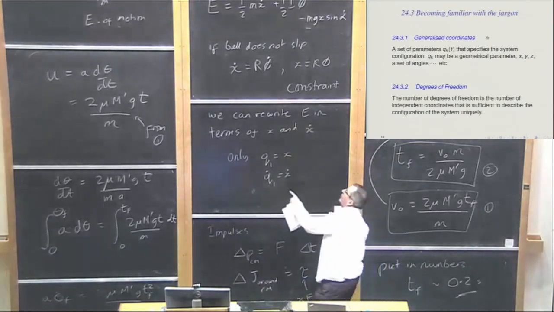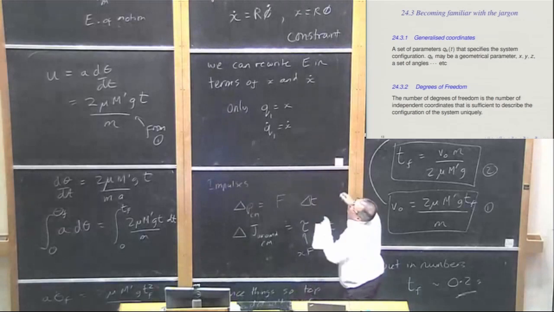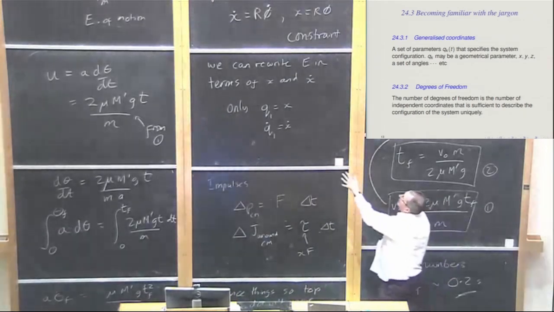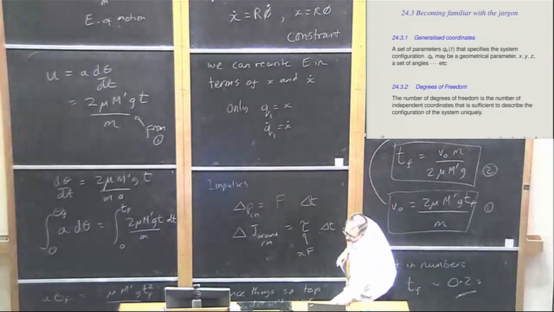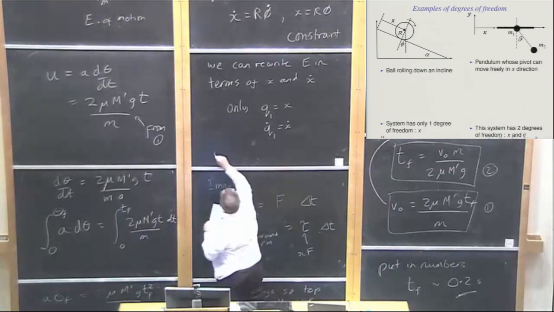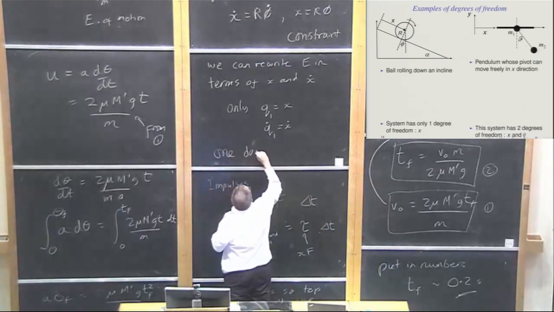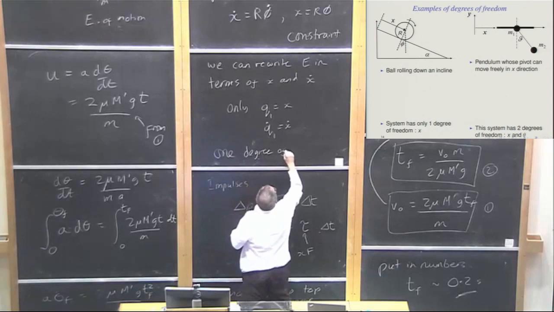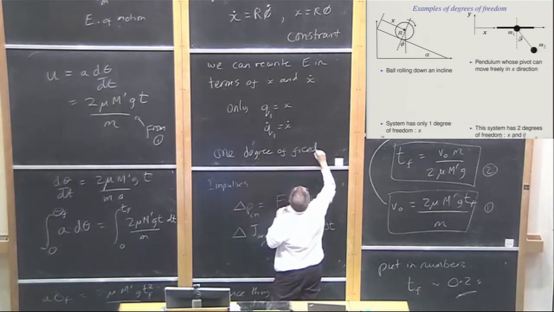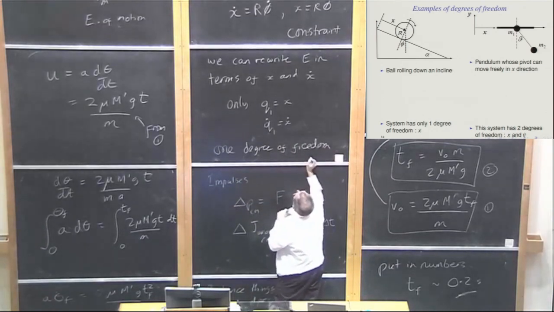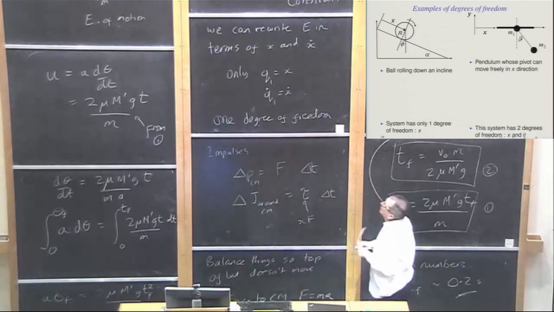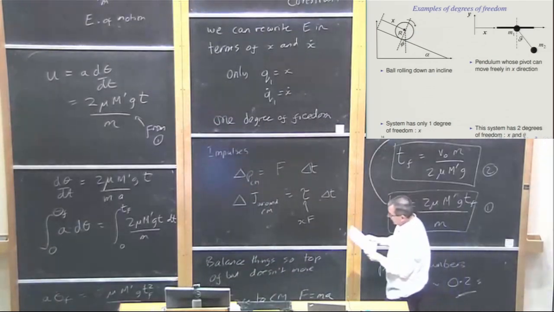So these are generalized coordinates, q with a subscript, and once we've written it in these terms, there's only one of them. So we have 1 degree of freedom. Initially it seemed like there were two, but there's a relationship between the two, which we call a constraint, which enables us to reduce the problem to 1.